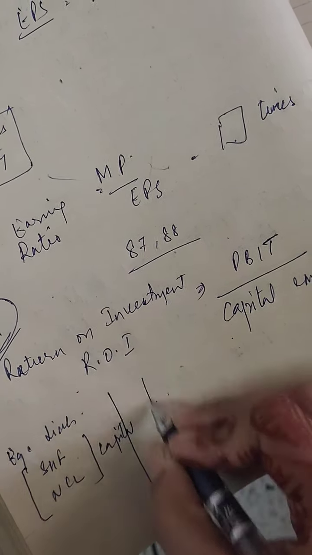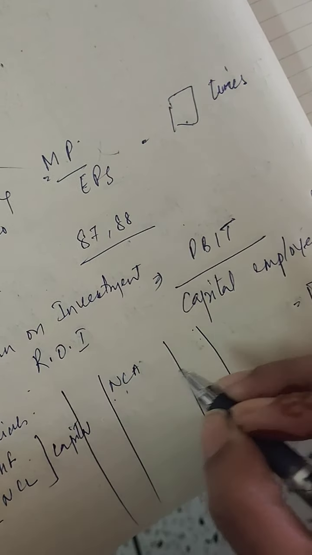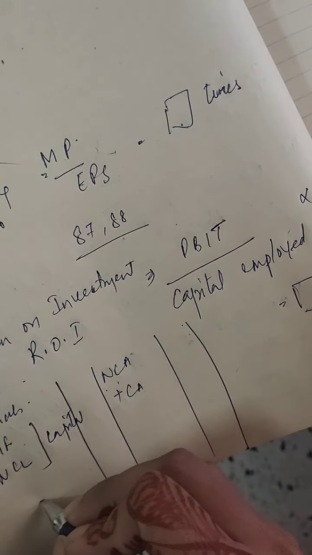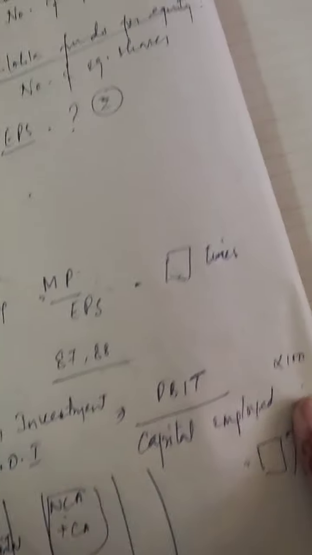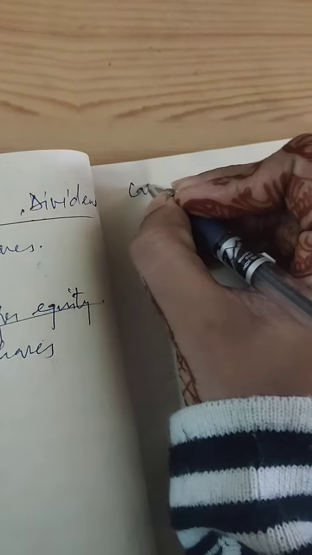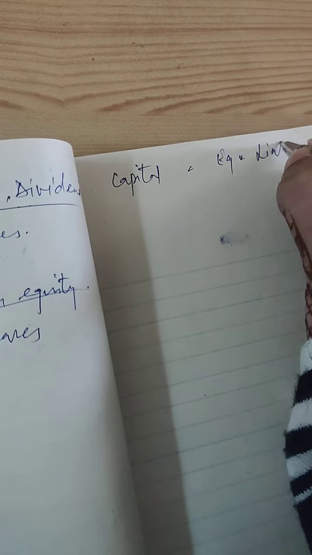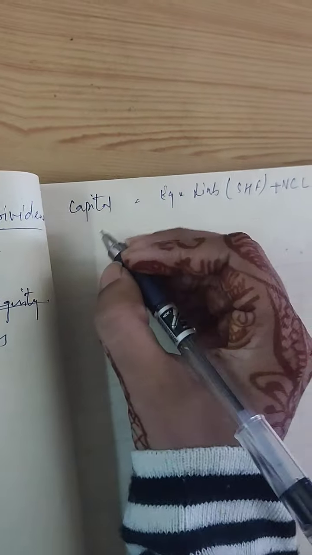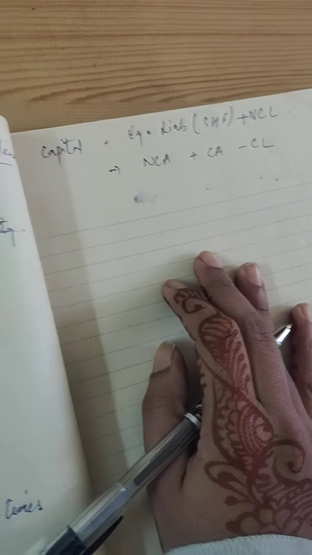And if you think of the asset side, what you can do is non-current assets plus current assets, and from here minus current liabilities, right? So you get two formulas for calculating the capital employed. Capital can be equal to equity and liabilities, or the other name SHF, shareholders fund, plus non-current liabilities. And from the assets approach, you can do non-current assets plus current assets minus current liabilities. Whatever is left shall be your capital.